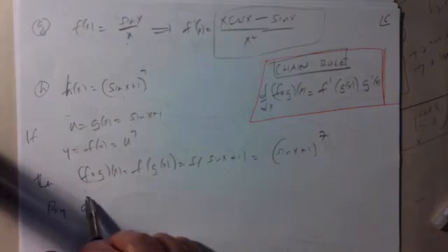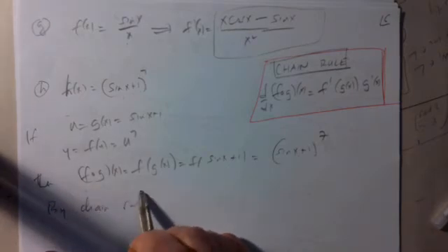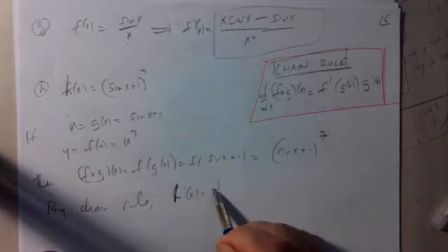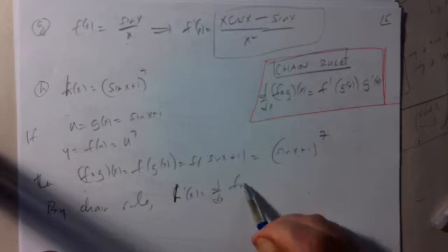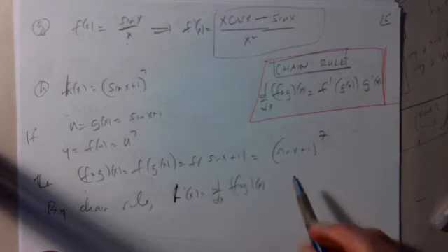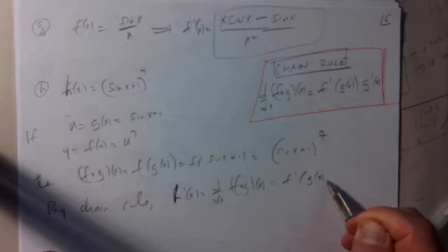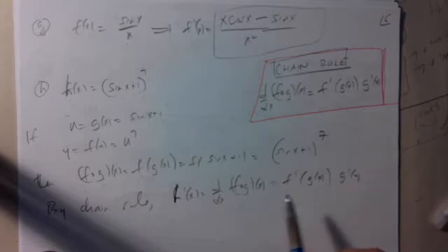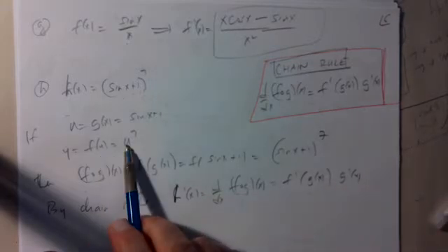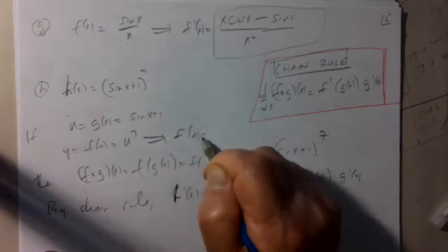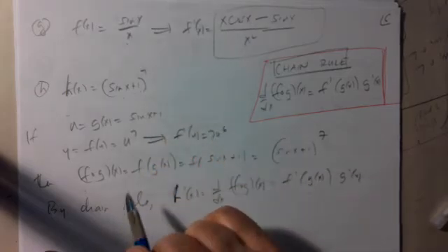So by the chain rule, h prime of x, which is the derivative of f composed with g of x. Let me just write down these formulas. This is f prime of g of x, g prime of x. If f of u is u to the 7th, f prime of u is 7u to the 6th.